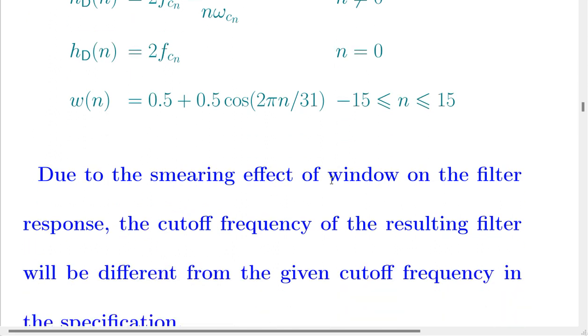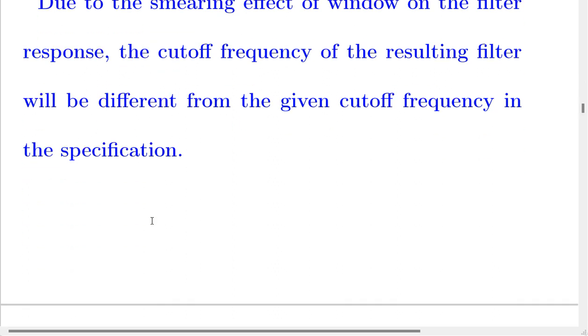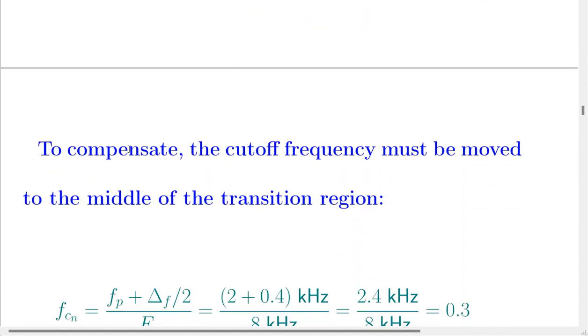Due to the smearing effect of the window on the filter response, the cutoff frequency of the resulting filter will be different from the given cutoff frequency in the specification. So, to compensate, the cutoff frequency must be moved to the middle of the transition region. Please remember it. Here we see the details for low-pass filter.